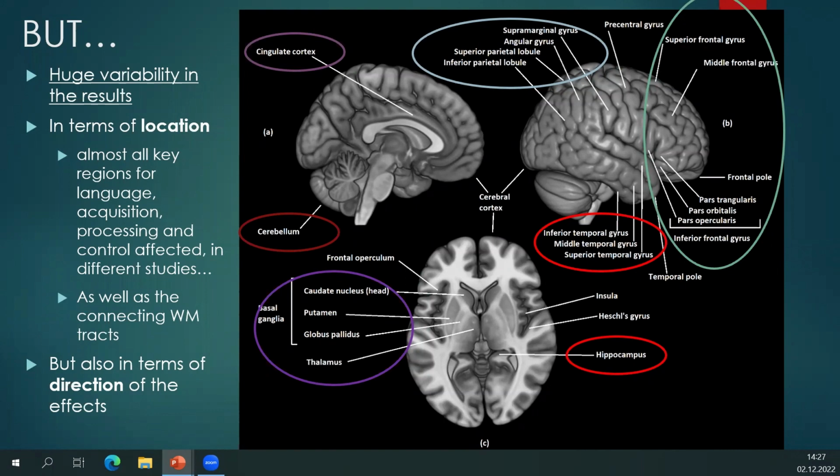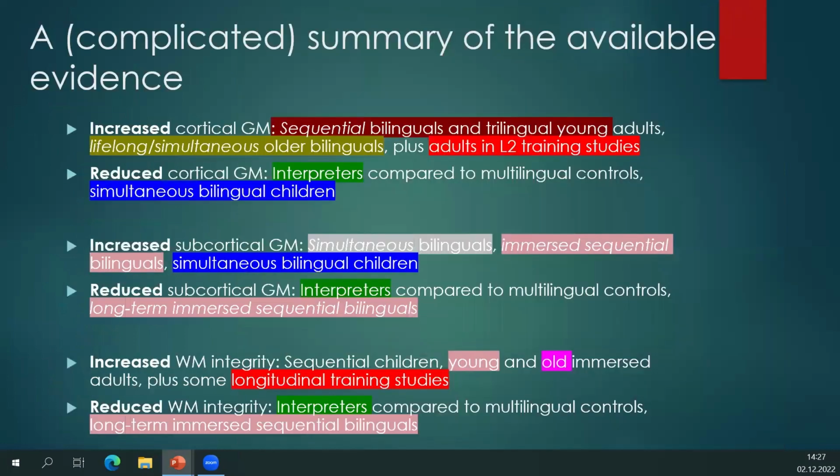Most studies would find increases in bilinguals compared to monolinguals, but some studies would find decreases in bilinguals compared to monolinguals, or decreases in professional bilingual interpreters compared to multilinguals that were not interpreters, right? So when you reach that point, you either try to make sense or you just drop the whole idea, right? You decide that it's futile.